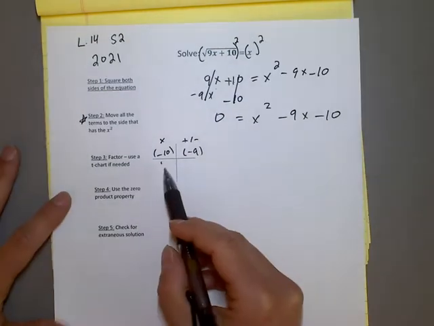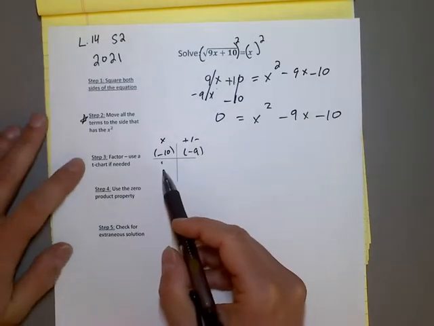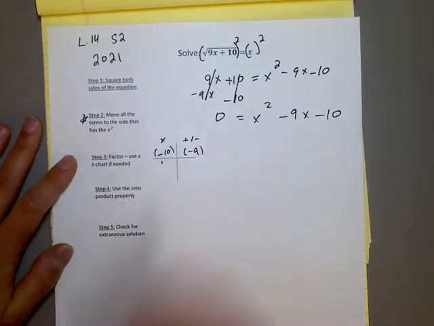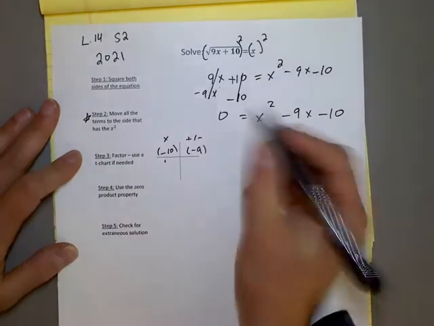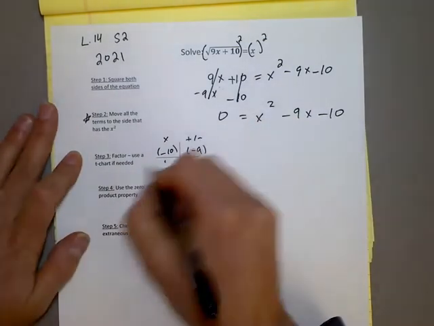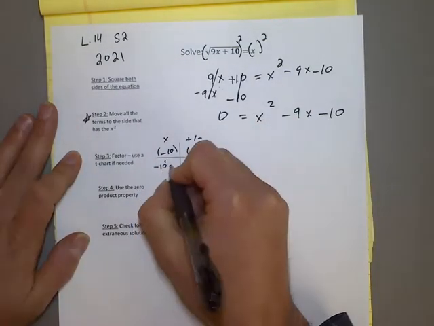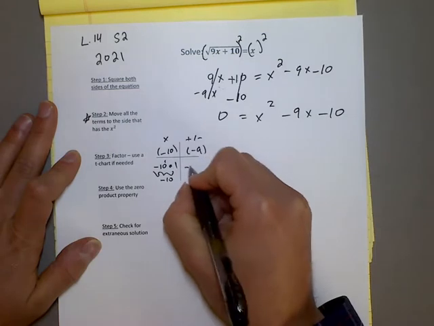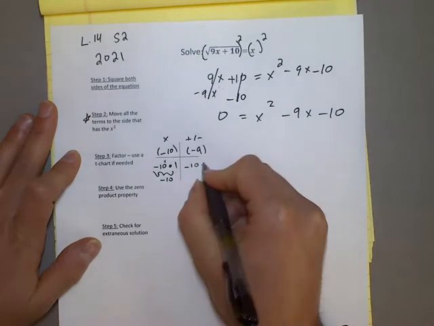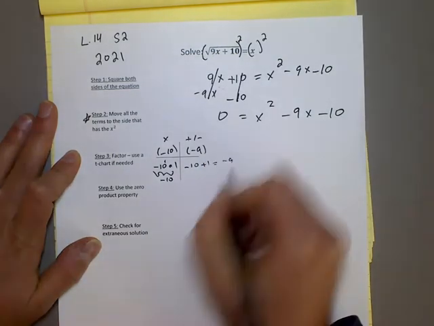I know negative 5 and 2 for example would multiply to negative 10, but negative 5 plus 2 is negative 3, not negative 9. So the only two numbers that are really going to work are negative 10 times positive 1, which is negative 10, and negative 10 plus 1 is negative 9.